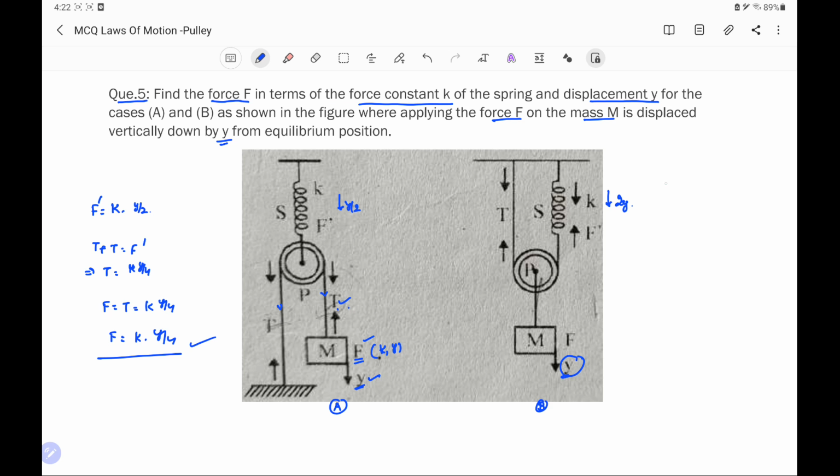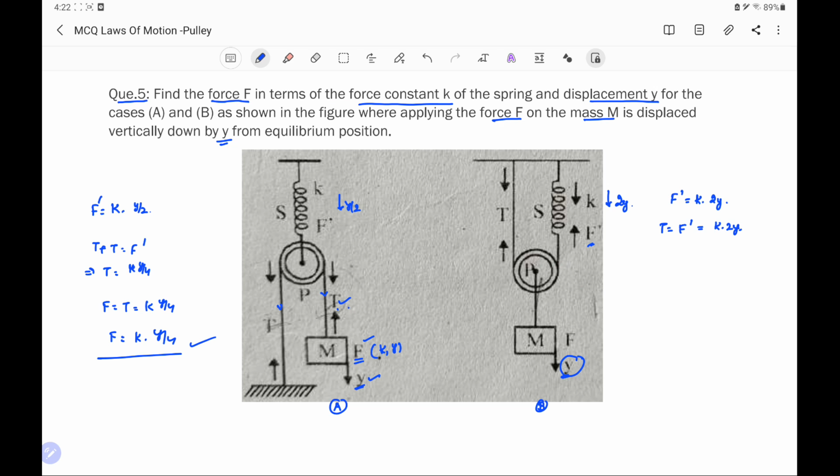In the second case, F dash, that is the restoring force in the spring, will be equal to K times the extension, this is 2Y. And this F dash is equal to the tension because the string has the same tension throughout its length. So it will be equal to K into 2Y.